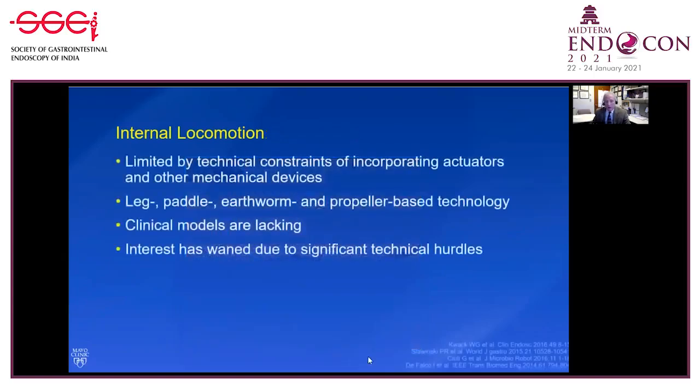And then this internal locomotion, though, is limited by technical constraints of incorporating this into the device, but there are leg, paddle, earthworm, and propeller-based technologies. But still, the clinical models are lacking, and interest has waned due to significant technical hurdles.